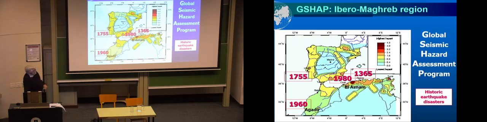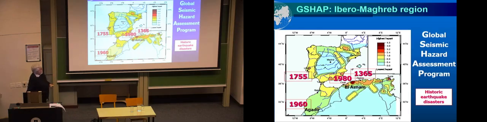Again, this is Domenico Giardini's global hazard, or so-called GSHAP map, showing, and there are a couple of things about it. Very often there are places like up near Algiers over here, which are shown to be relatively low seismic hazard, but just south of there is the 1365 earthquake, because that's historical.